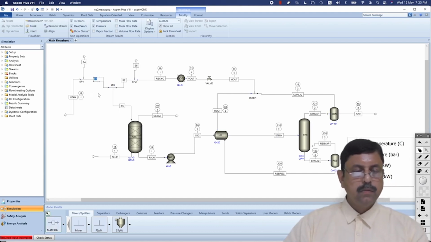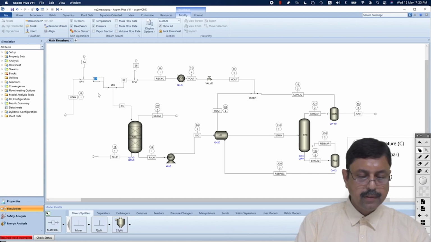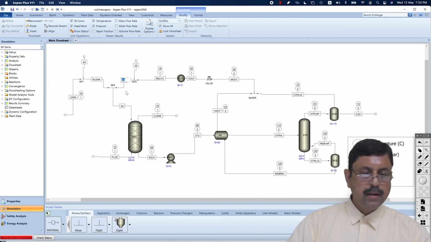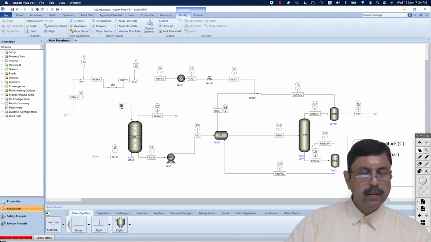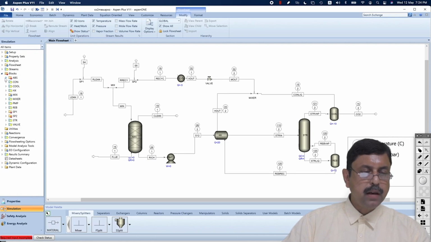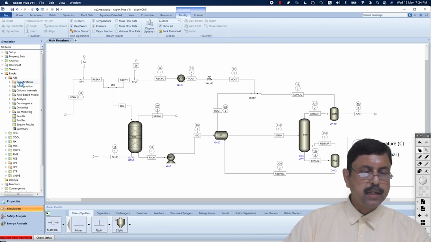Now rename it as R lean and rename it as R recycle. This is M in. The M in will go into the first stage.